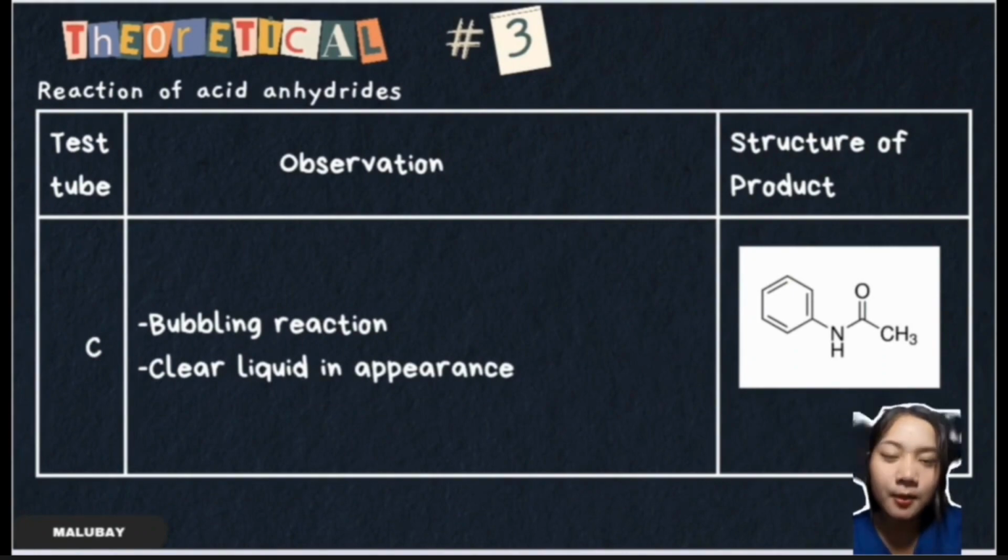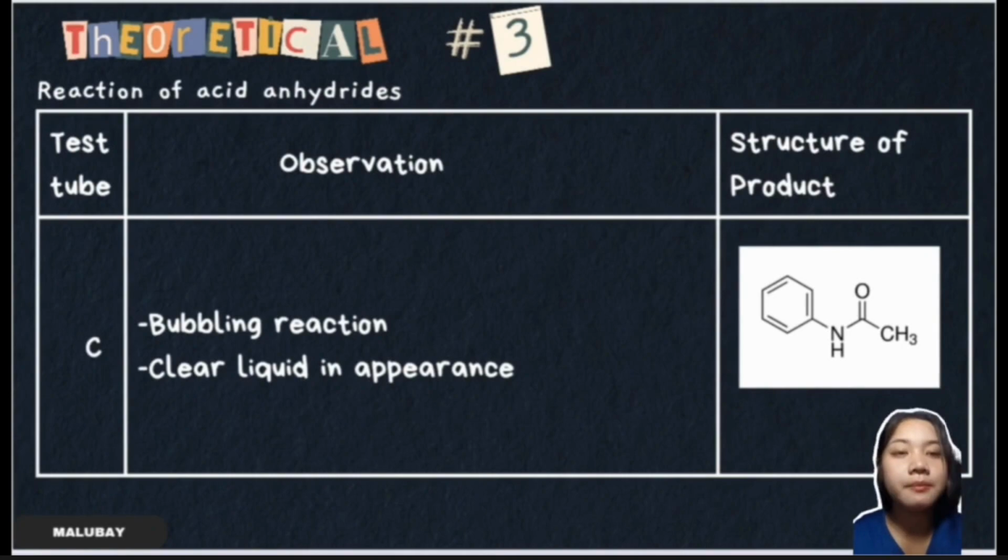Lastly, we have test tube C with aniline. In this test tube, we also immerse it in an ice water bath and add 1 ml of acetic anhydride followed by 1 ml of sodium hydroxide.